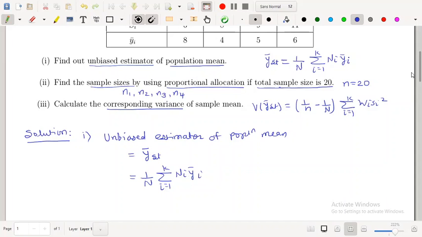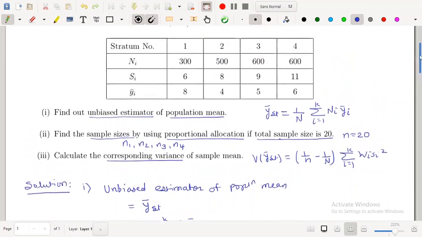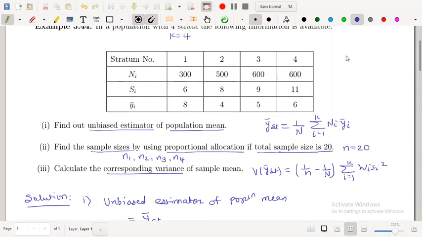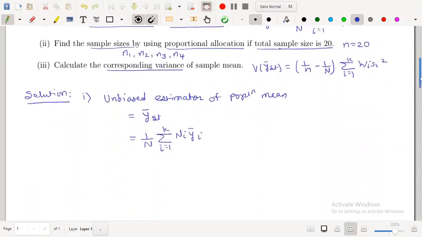Now capital N is not given, so how to find capital N? Actually capital N means summation i running from 1 to k Ni. Means this N1 plus N2 plus N3 plus N4 is your capital N. And the addition of these Ni is 2000.